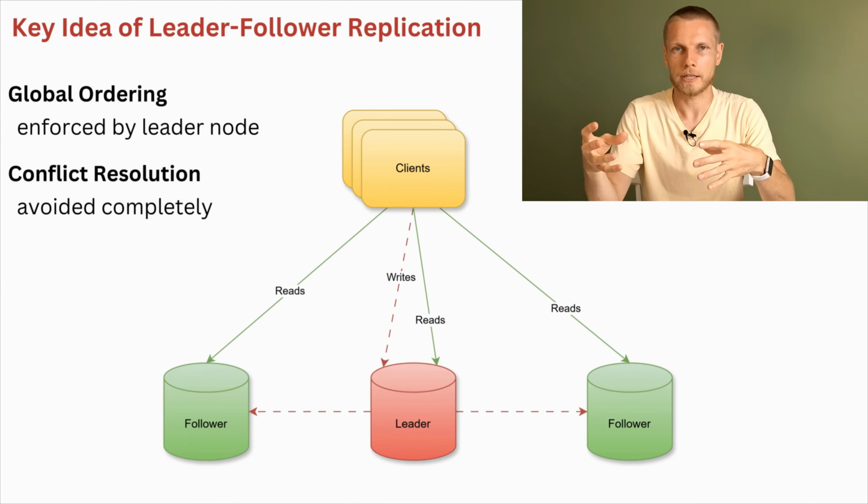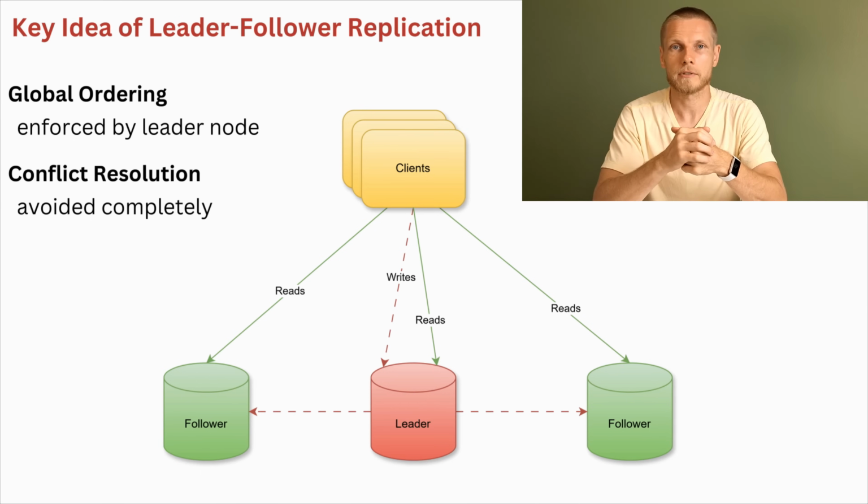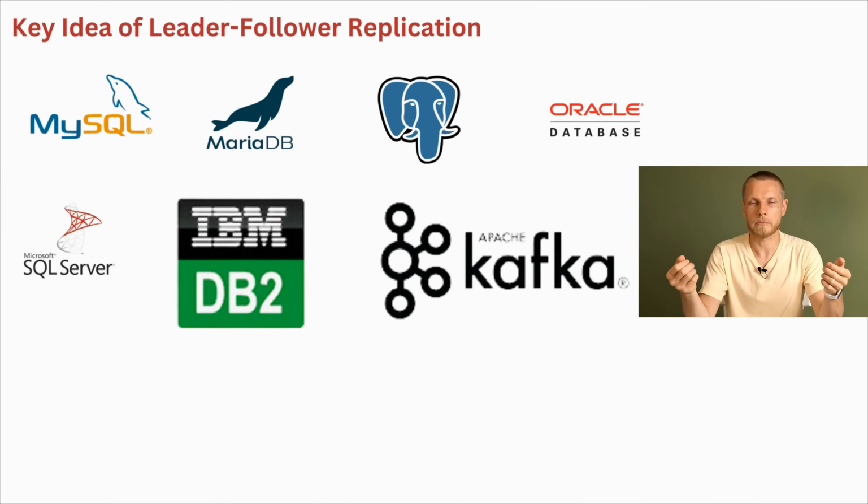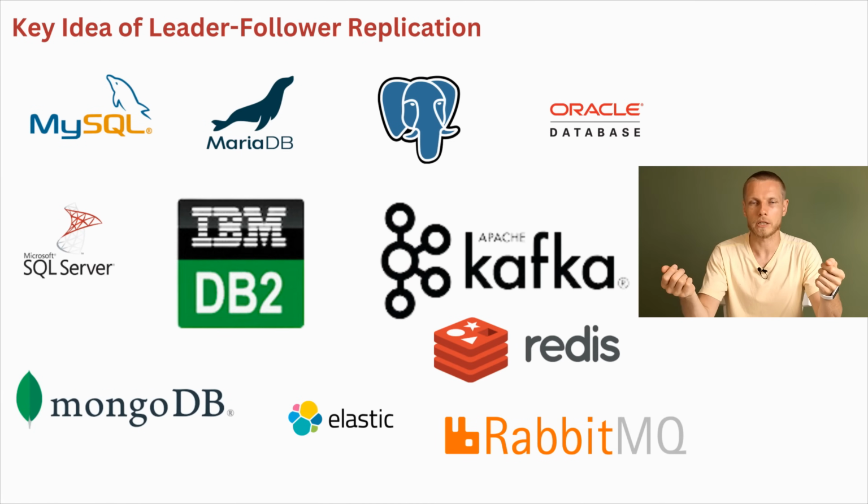And when the client uses followers, because they lag behind, the consistency is not very strict, but it allows horizontal scaling for reads. So, as we can see, this method is very simple to understand and implement, and because of this, it was implemented in the majority of well-known database products, which we all know.